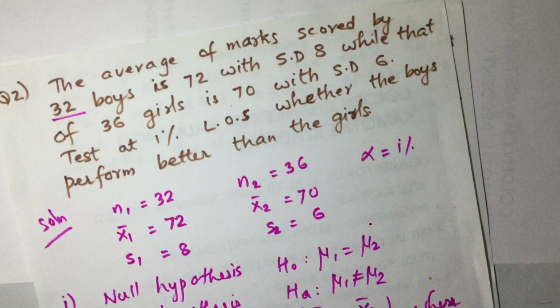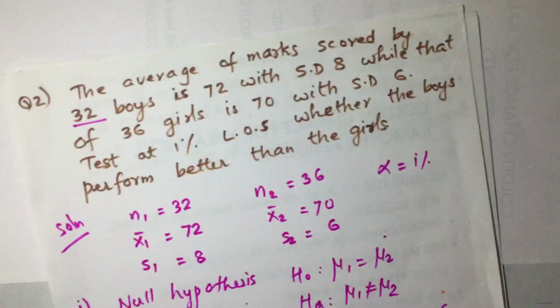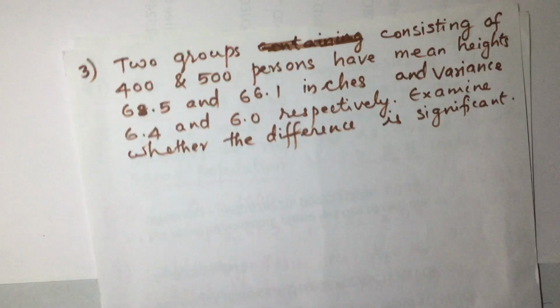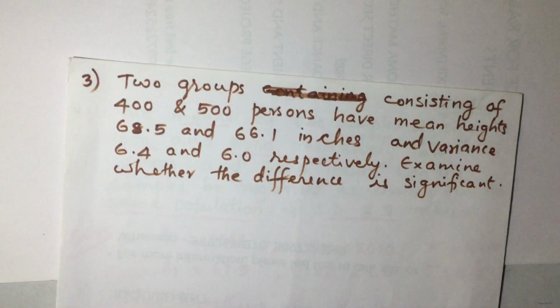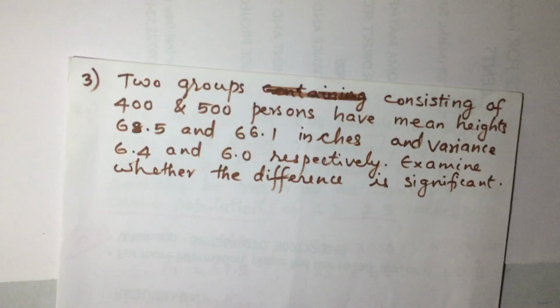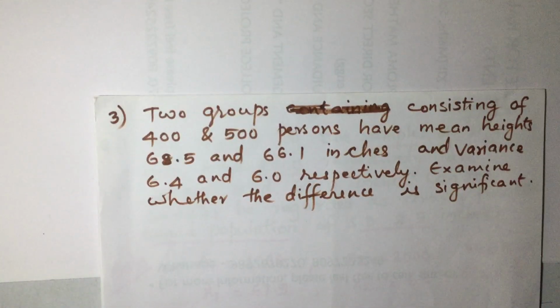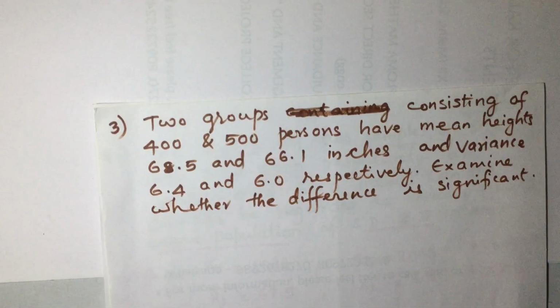Okay, now let's do one more question. Two groups consisting of 400 persons and 500 persons have mean heights.